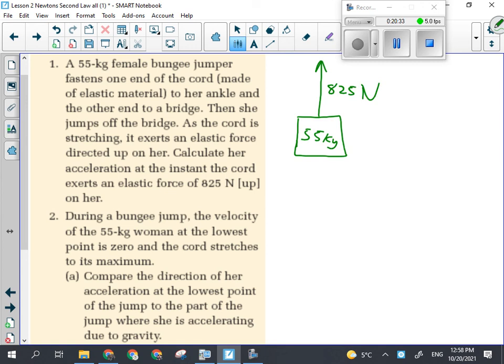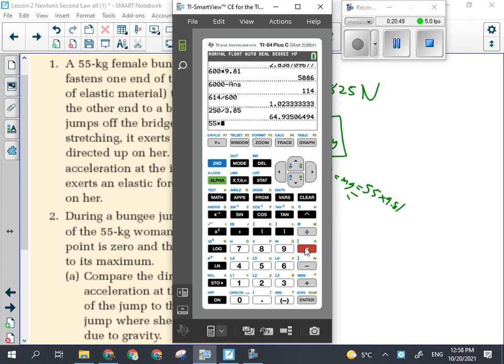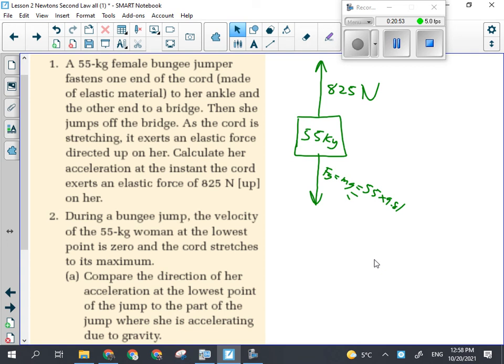What other force is acting on her? Gravity. Can I calculate how big gravity is? Yeah, m times g. So 55 times 9.81 will give me my force of gravity there. So 539.55.